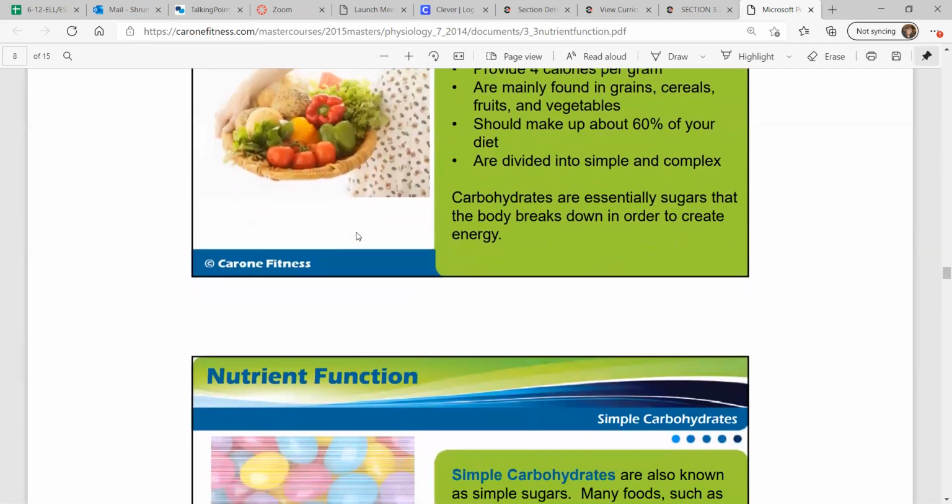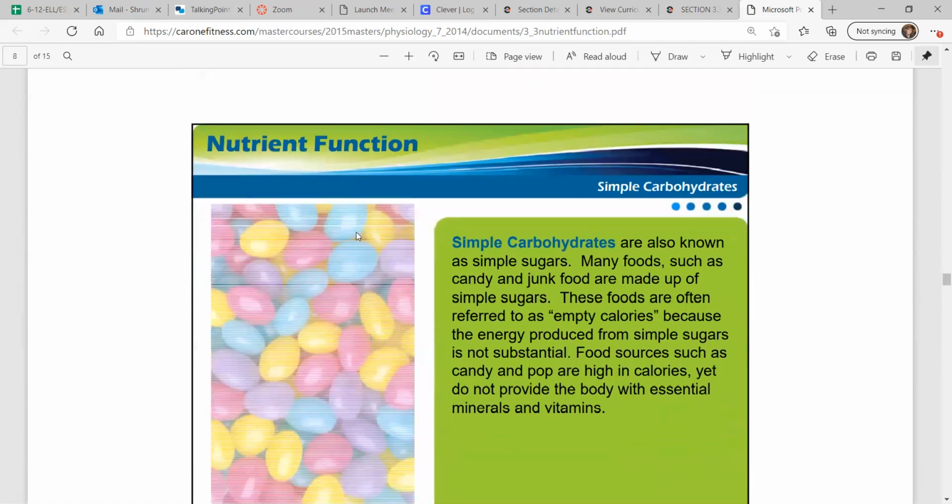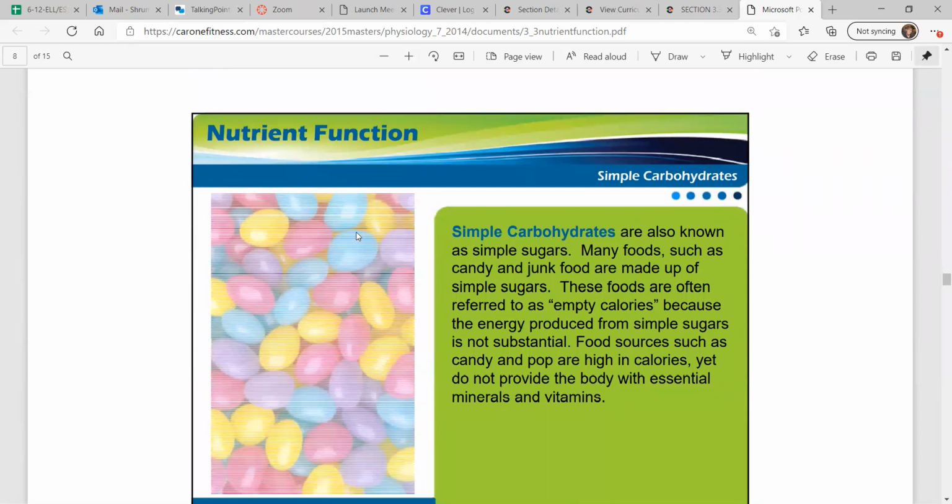Carbs are essentially sugars that the body breaks down, and then your body uses that broken down sugars to create energy. And we sometimes break that down into simple carbohydrates, simple sugars. Many foods like candy, junk food, a lot of that processed food, it's just made up of this very simple sugar, not a ton of dense nutrition.